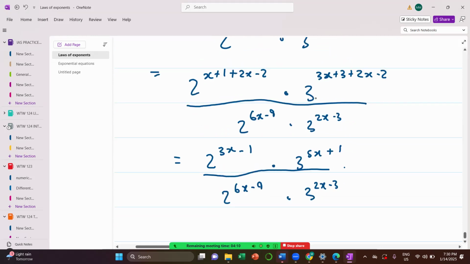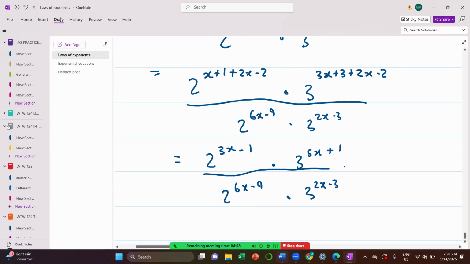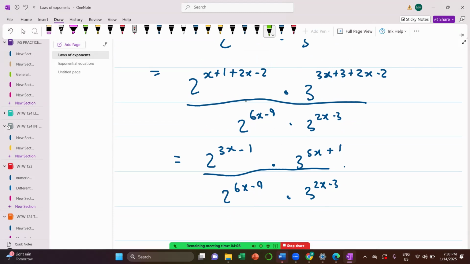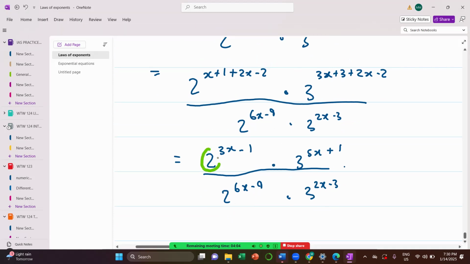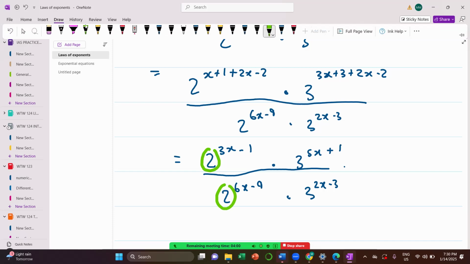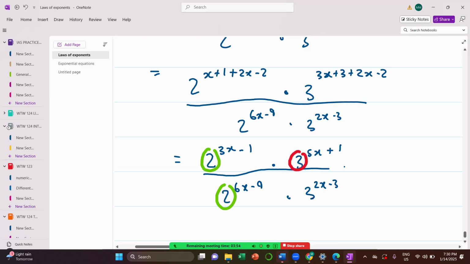Yes, sir. Okay. So now I want you guys to notice something else. Check this. I have 2 here, I have 2 there. I have 3 here, I have 3 there. And I have multiplication in between here and multiplication in between there.